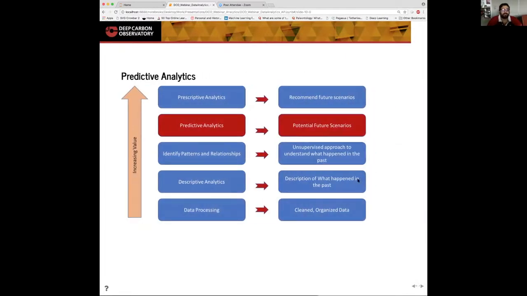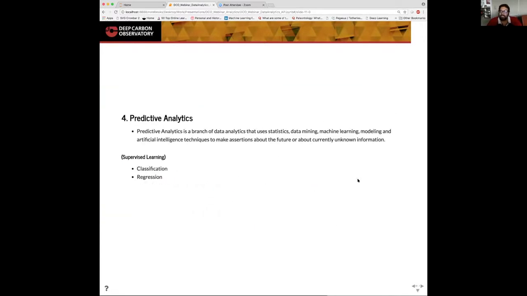Now that we've found some patterns and trends, it's time to move on to possibly the most popular step in the analytics pipeline, which is predictive analytics. Predictive analysis uses statistics, machine learning, data mining, and other AI techniques to make assertions about the future.